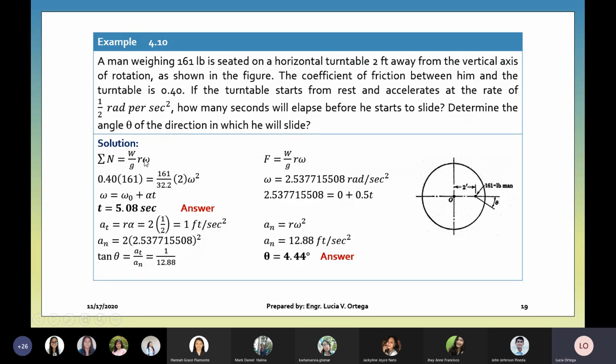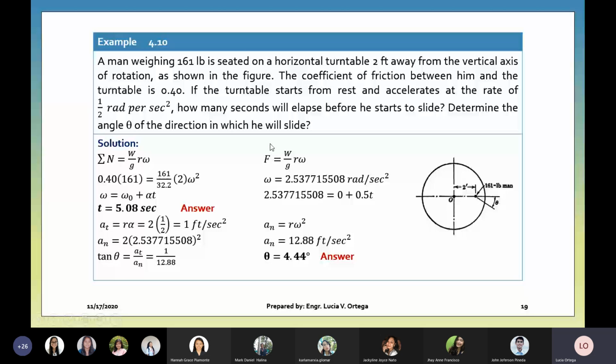Okay, I forgot W. This is only W here. And then another W is W sub 0 plus alpha times t. Did I miss? Okay, this one. Sorry. This is the equation. The summation of normal force is equal to W over g RW.